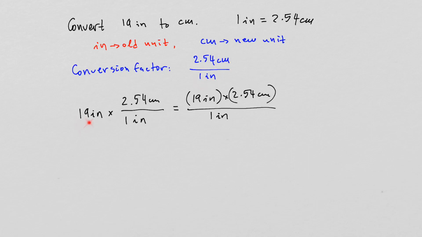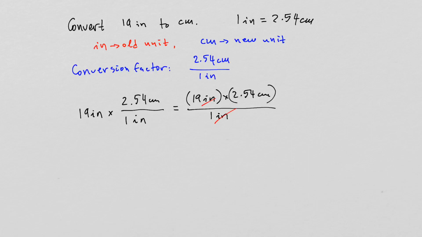So I will multiply 19 inches by 2.54 centimeters divided by 1 inch. That I can rewrite as 19 inches times 2.54 centimeters, the entire thing divided by 1 inch. The units of inch are in the numerator here and the denominator here. I can cancel them out.